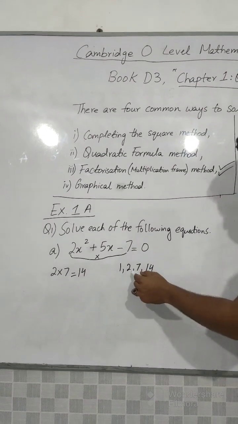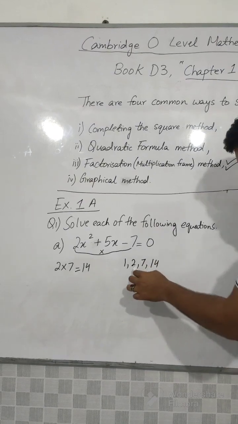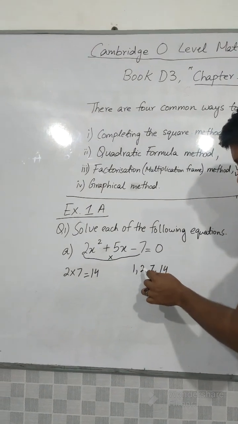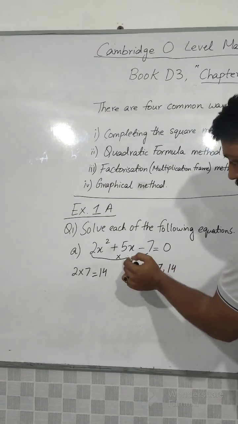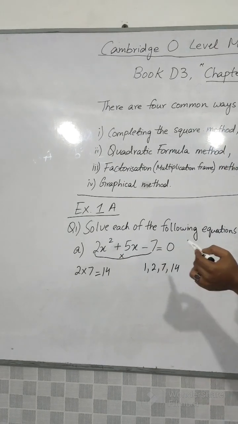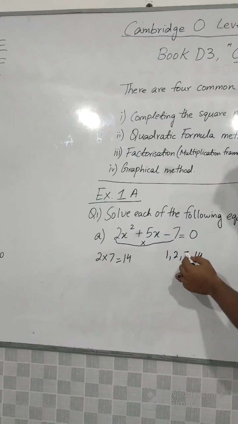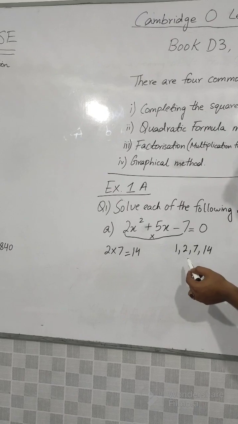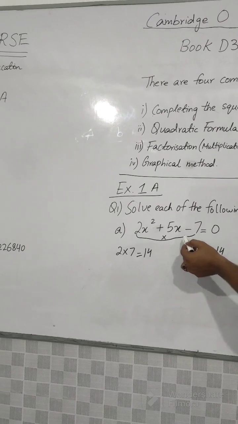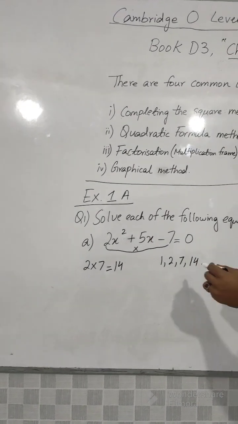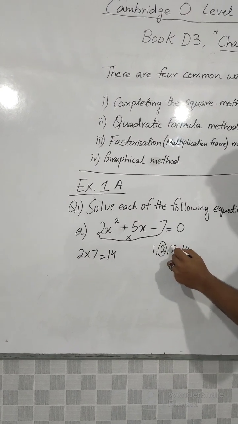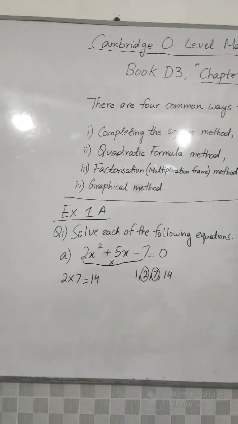So what about 2 and 7? 2 multiplied by 7 gives you 14. And what about adding or subtracting 2 and 7? Yes, 7 minus 2 gives you 5. So this combination will be used here.